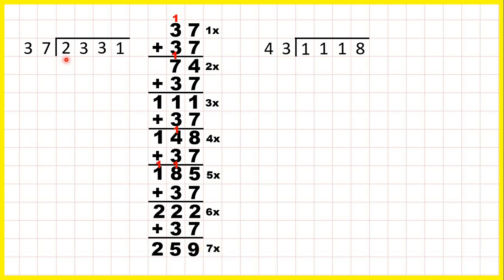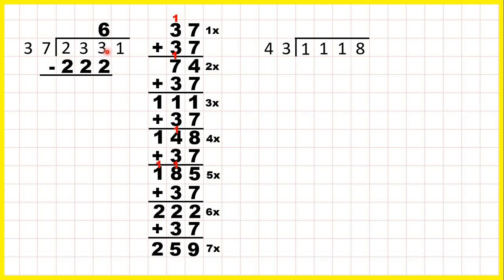So remember, we're taking the first 3 digits together because 23 is less than 37. So taking the first 3 digits, we need a number that's close to 233 but still less than 233. We can see that 6 times 37 is 222. So we can write that underneath, and because it's 6 times, we write 6 in our answer line.